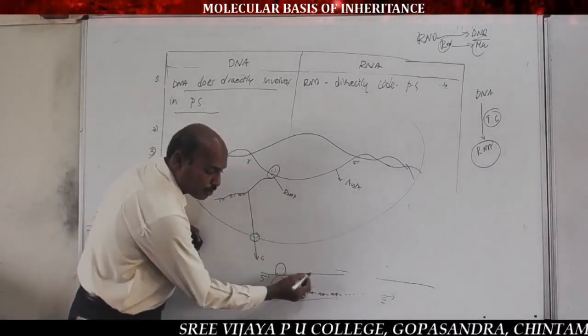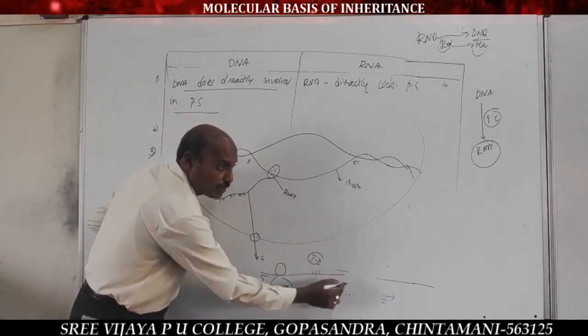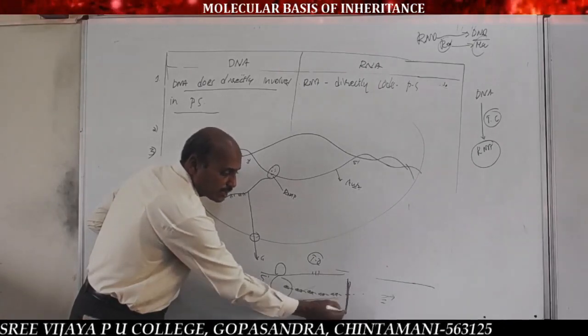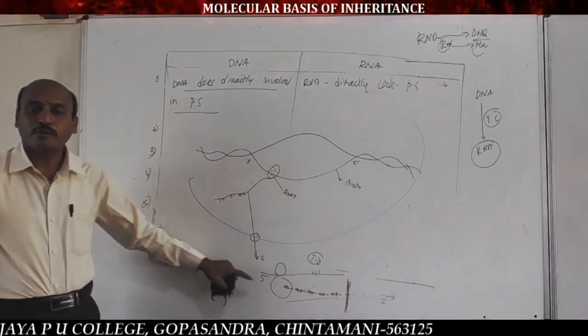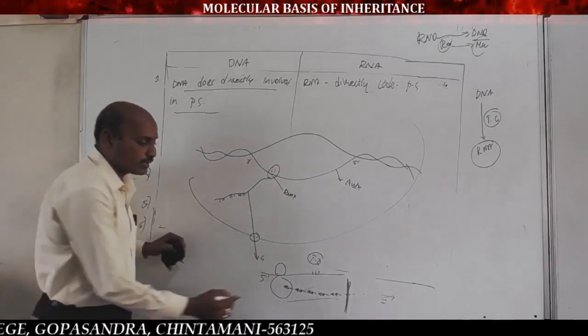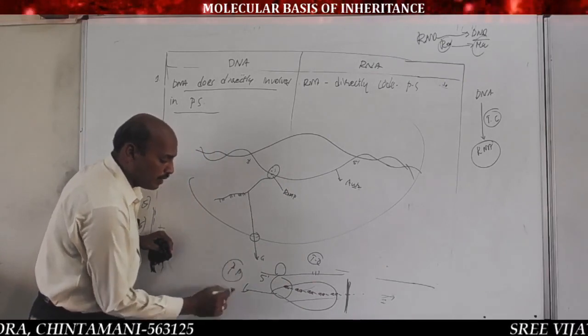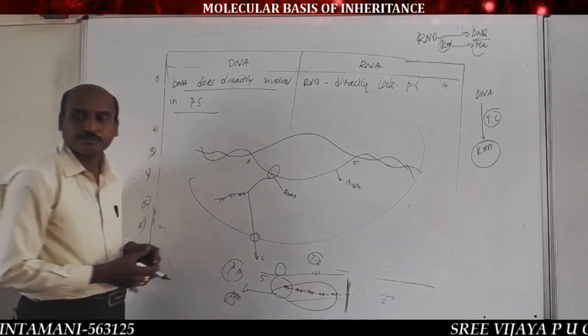After the ribosome arrives at the terminator codon, the synthesis of the polypeptide chain, the formation of protein, takes place. Important.